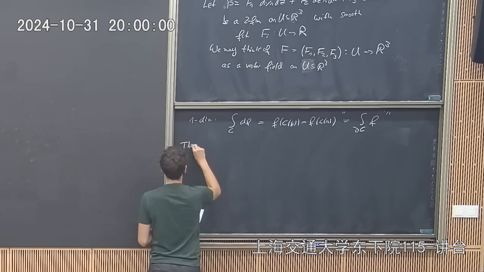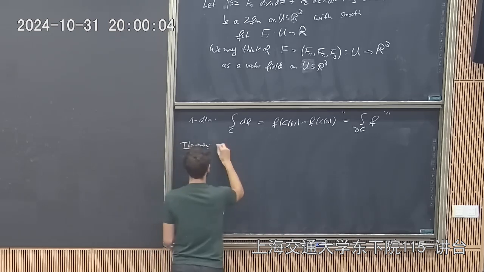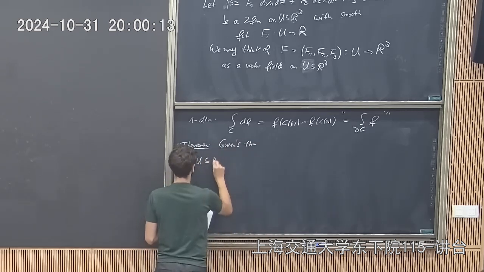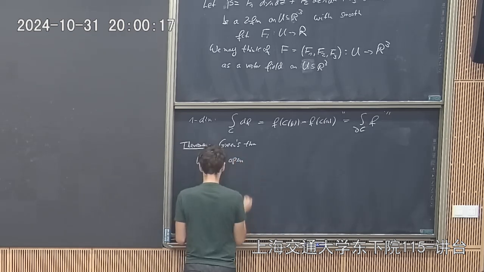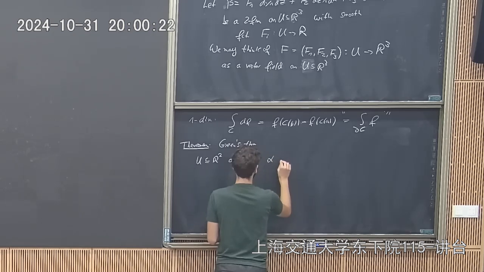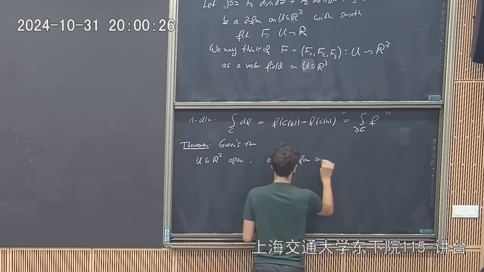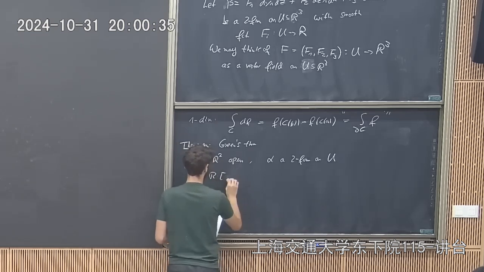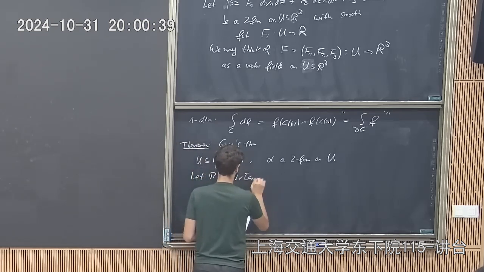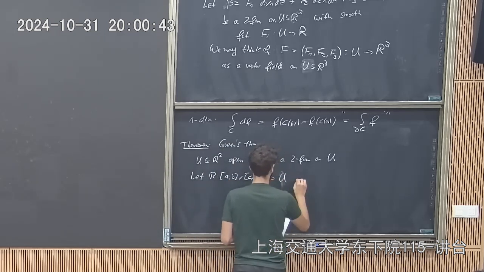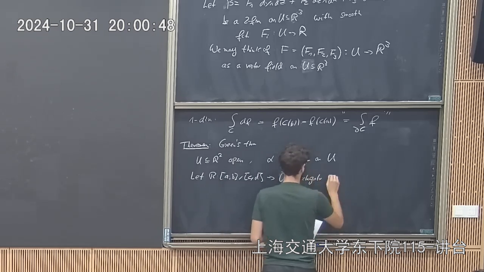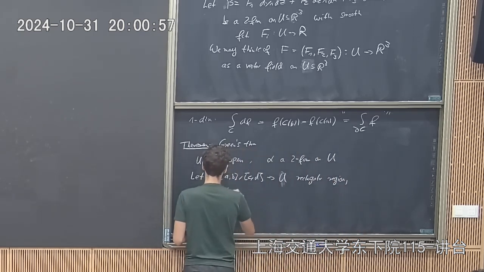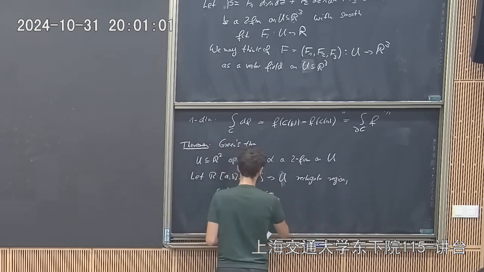And we have a theorem, which is Green's theorem, which says that if you have U, some open subset of R2, and alpha a two form on U. And suppose that we have some rectangular region, and we want to assume that R is injective.